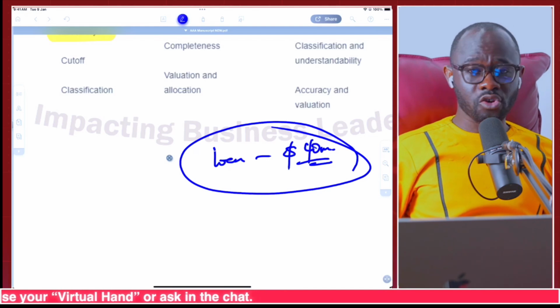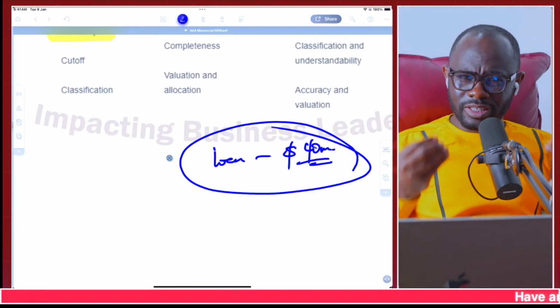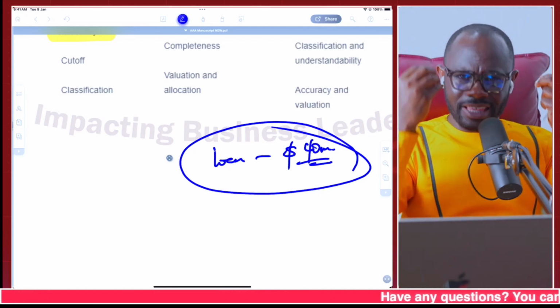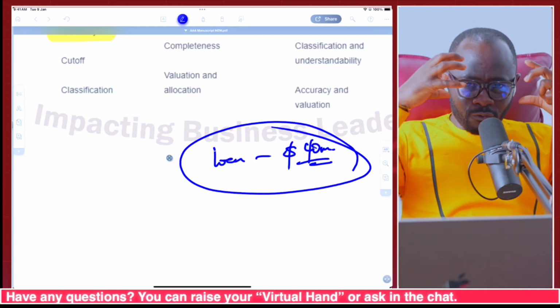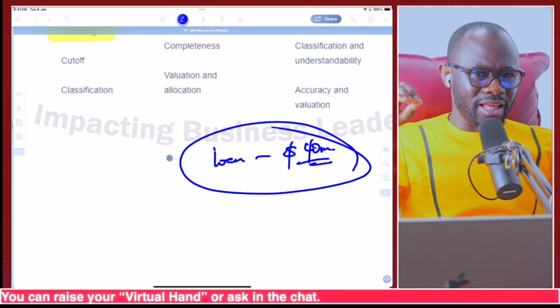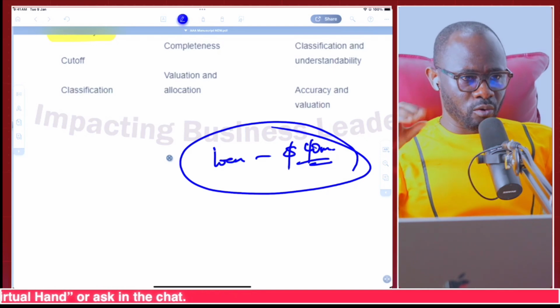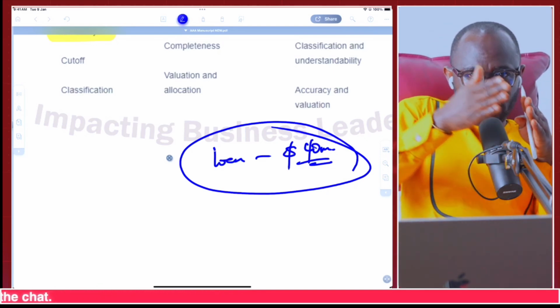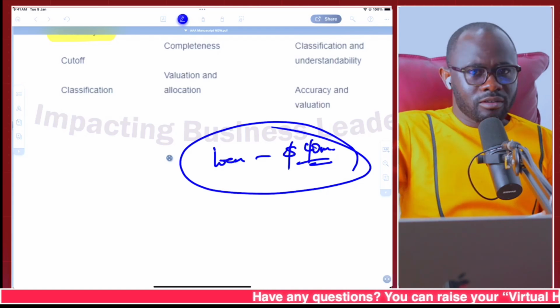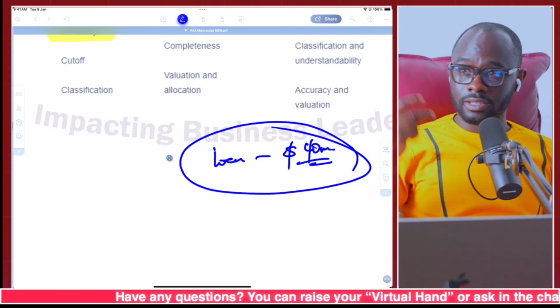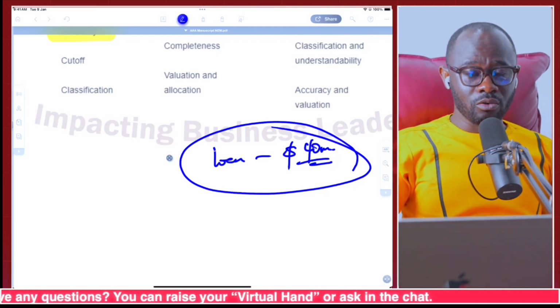I've already gotten three. You have to see how practical and easy audit procedure is, if you follow the explanation very well from last week, transporting into today. So they've gone for a loan. We review management or board minutes: who approved it, who authorized it?